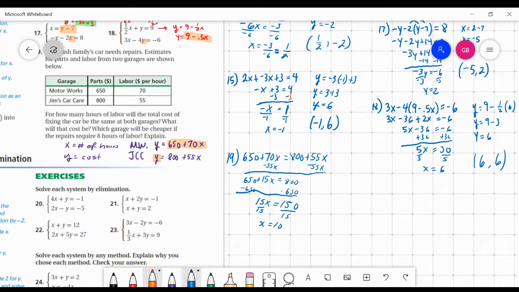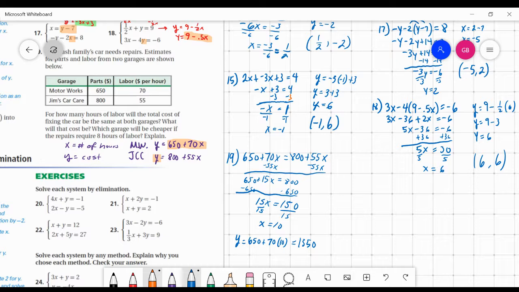So when x is 10, at 10 hours, it will cost the same. The cost would be, so we have to plug in 10. So let's see, 70 times 10 is 700 plus 650. That's 1,350. You could verify with the other one. 55 times 10 is 550 plus 800 is also 1,350.